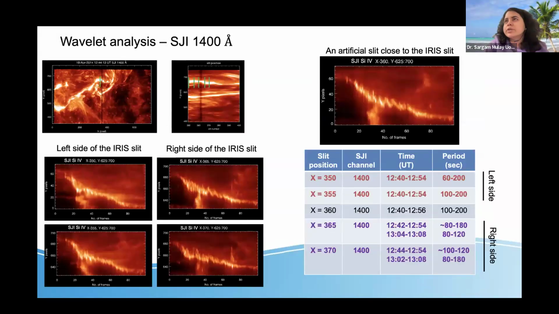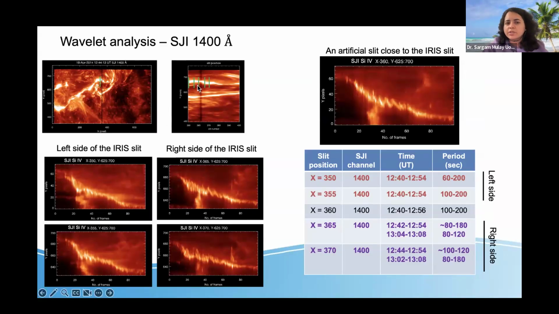Further, we were also interested in looking at whether this sawtooth pattern we have seen in the spectral images is there in the other parts of the flare ribbon as well. So we have taken into account the IRIS slit jaw images.